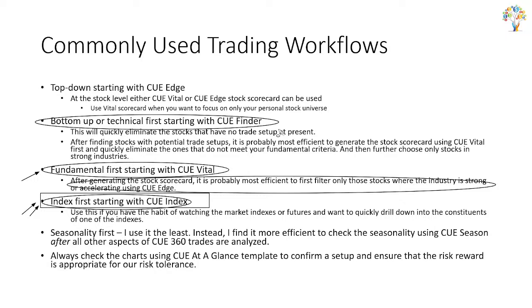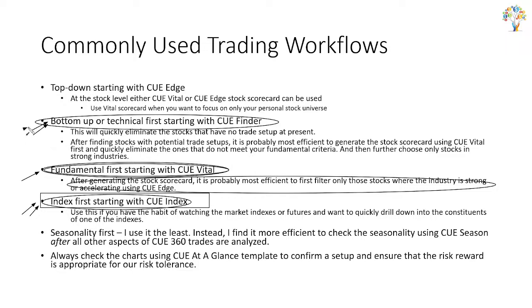Bottom up I use more often than not after the market close. Strictly starting with finder, I use more often than not after the market close, because near the market open fundamental first is faster. Why faster?